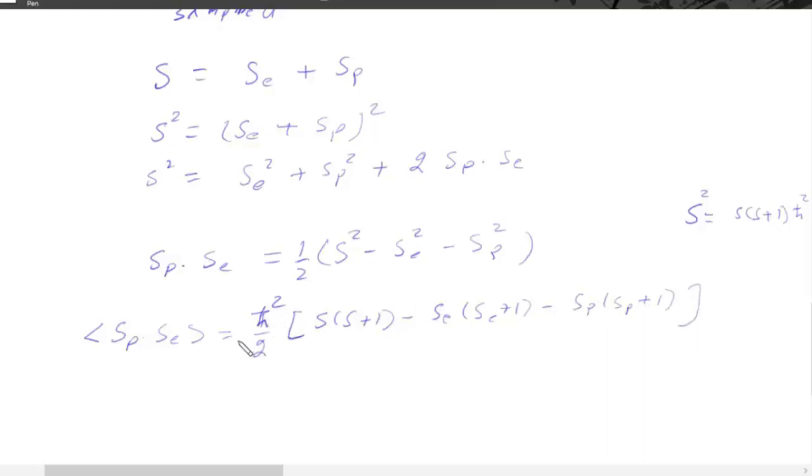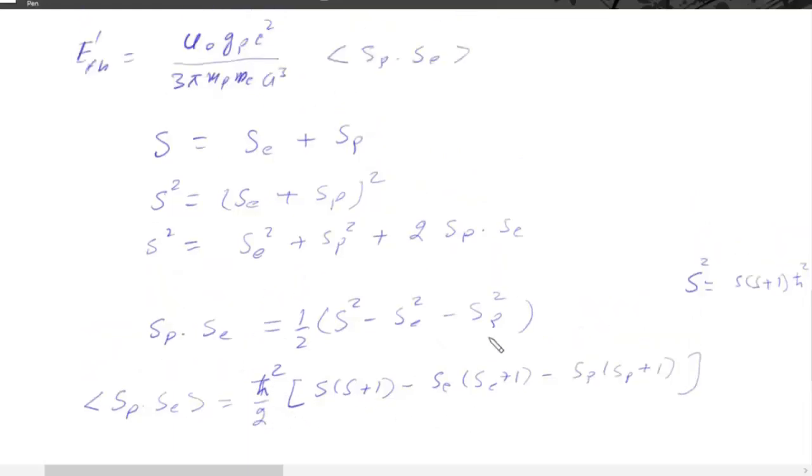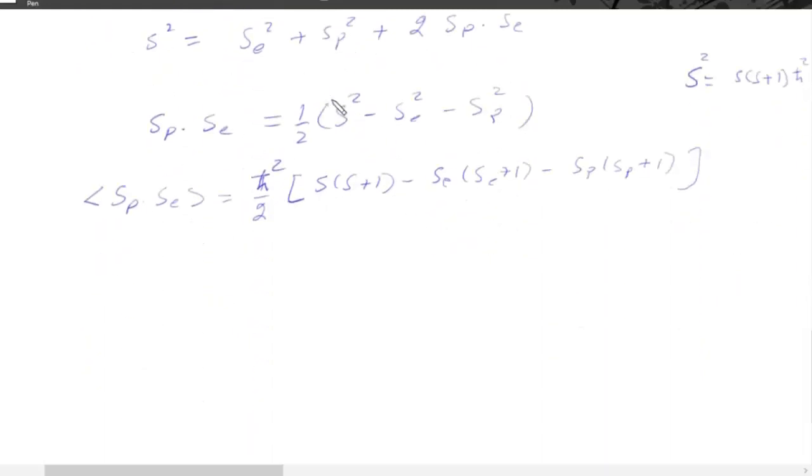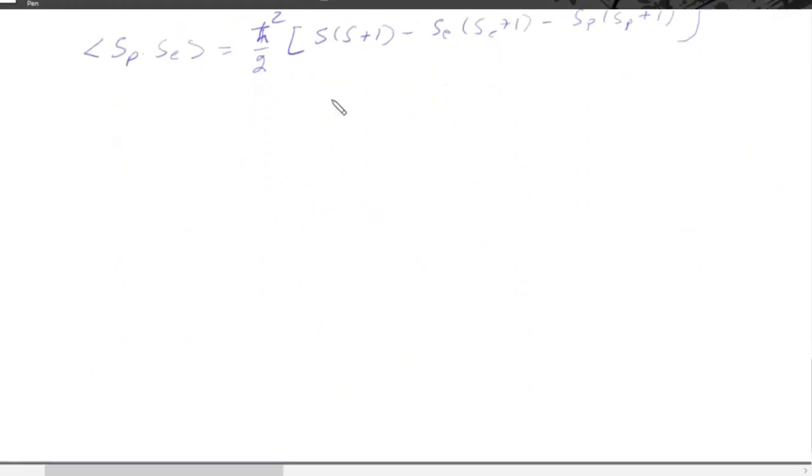Okay, then we put this value into this equation. Okay, then this is equal to E_HF¹, the first order energy correction to the hyperfine structure is μ₀ g_p e² divided by 3π m_p m_e a³.